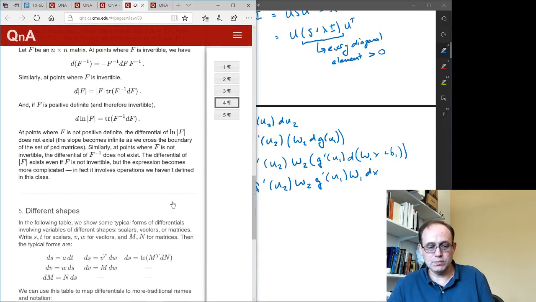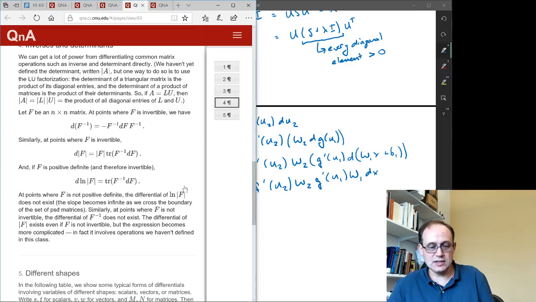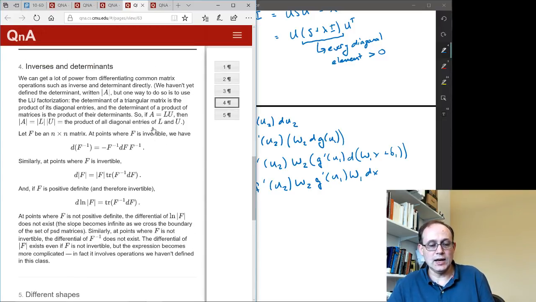So I should point out that, let's take this first one, the differential of the inverse. This is a nice example where it's hard even to write down the derivative. If you think about it, let's say f is an n by n matrix. df is also then going to be an n by n matrix.